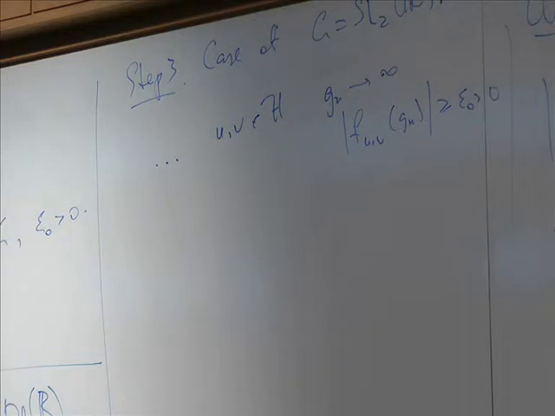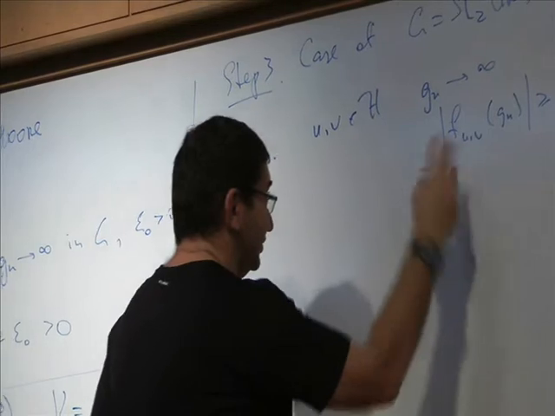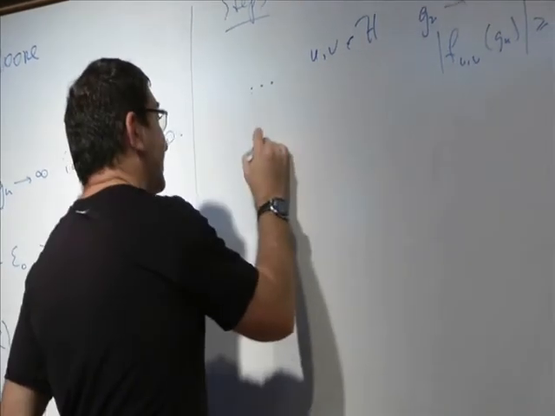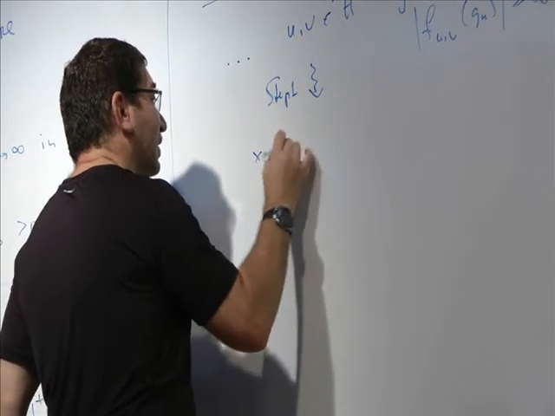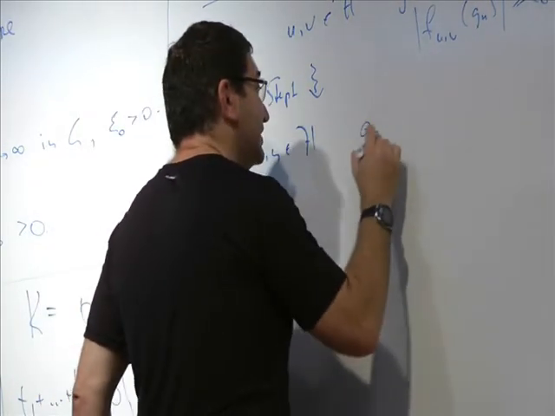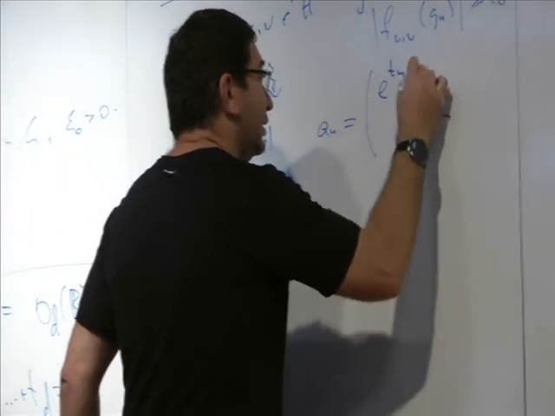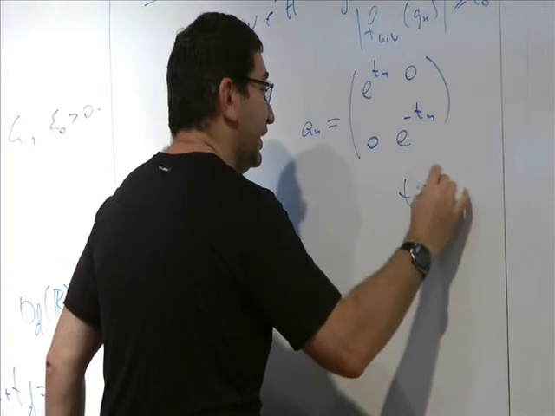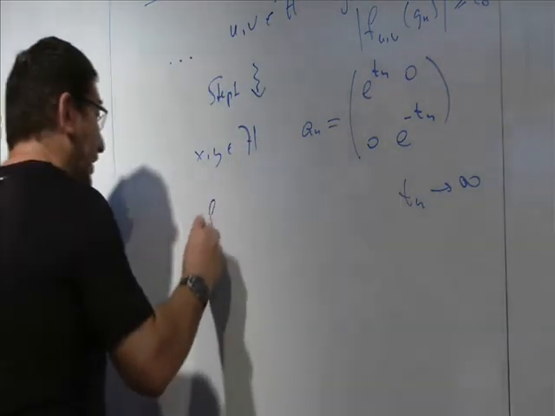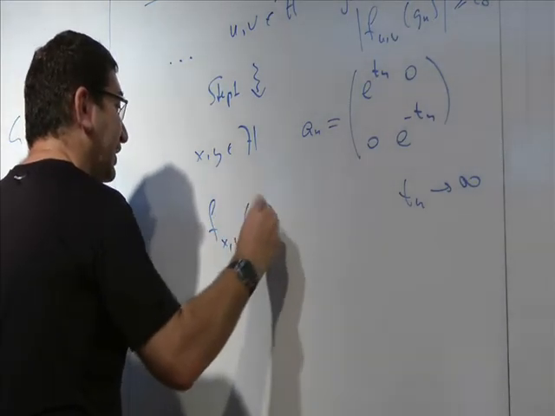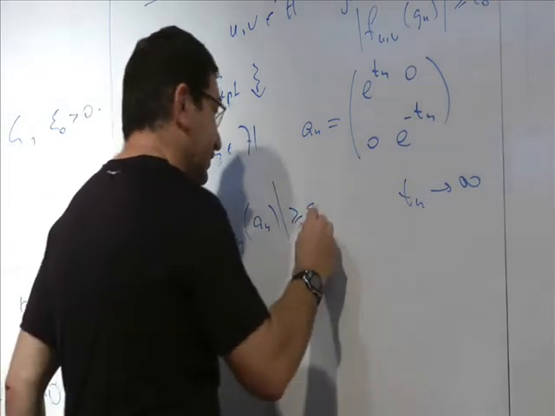Then you do step 1 again, and by step 1 you get vectors x, y in the Hilbert space, and now a sequence of diagonal entries. Now Tn goes to infinity such that f x, y of An remain also bounded from 0.